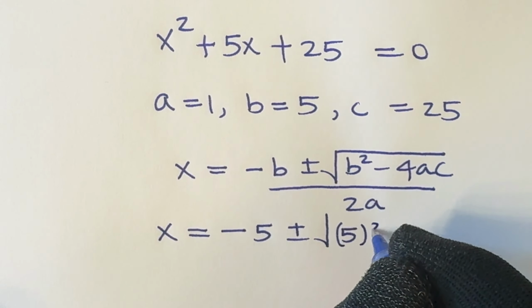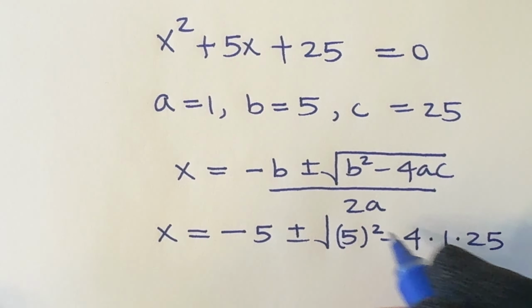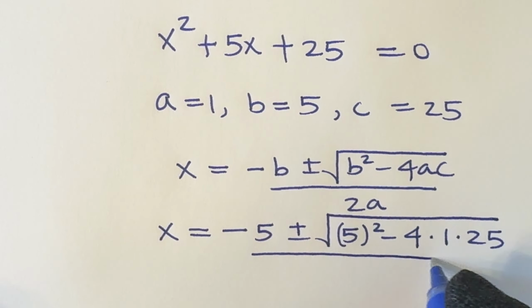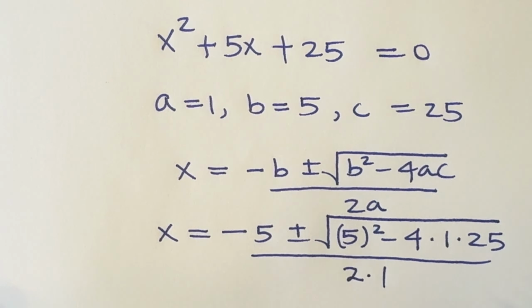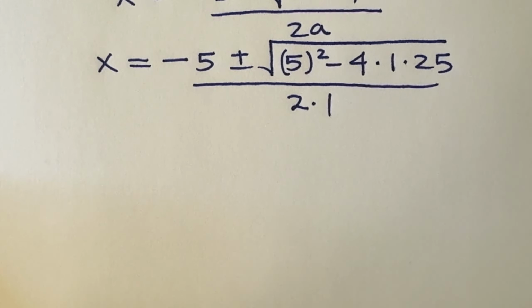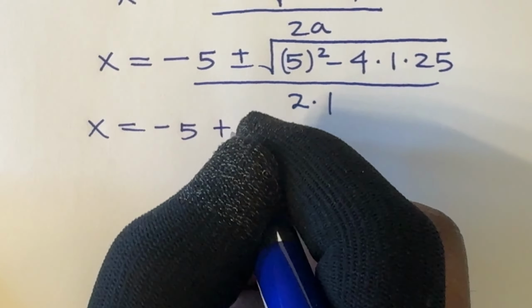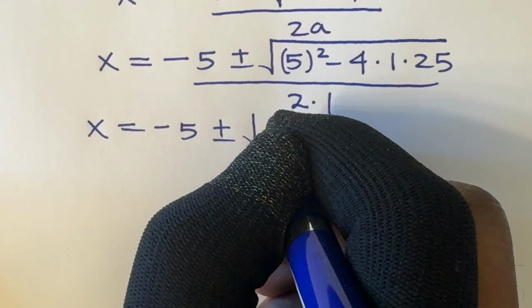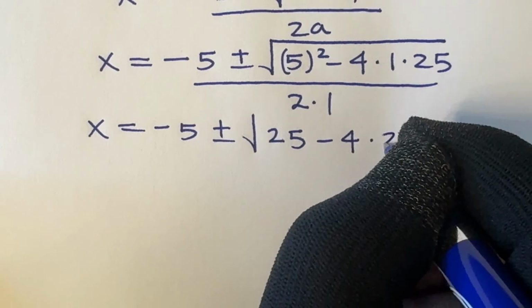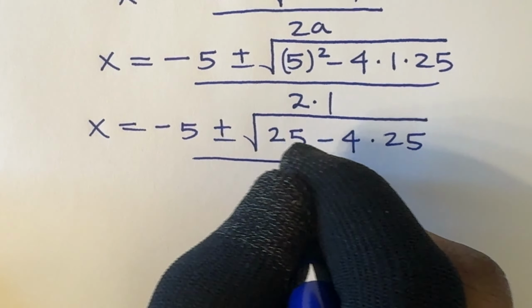This will give us x is equal to minus 5 plus or minus the square root of 5 squared minus 4 times 1 times 25, divided by 2 times 1. So x is equal to minus 5 plus or minus the square root of 25 minus 4 times 25, divided by 2.